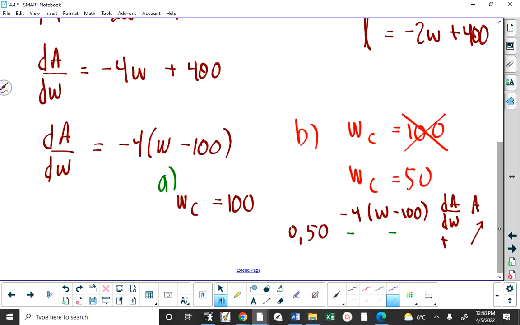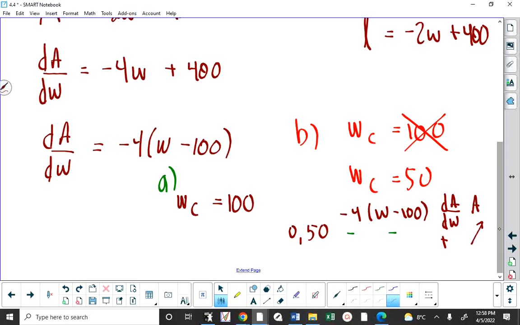Would you also be able to reason out that because 100 is a maximum and the critical value, W would have to be 50 instead of restrictions? Sure. I'll just paraphrase what you've said, Liam, so that it's on the video and everybody can hear it.